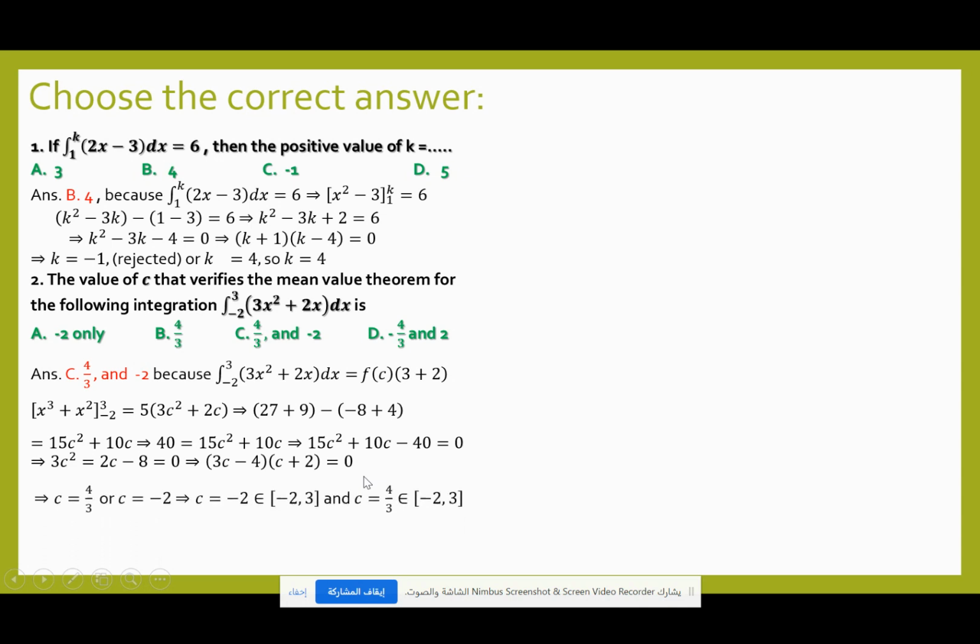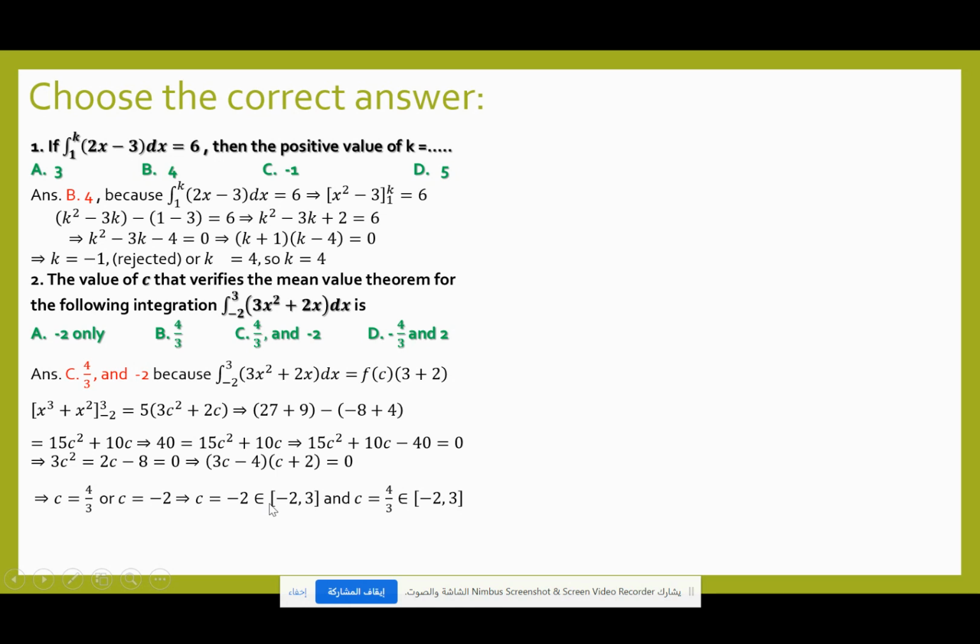Either c equals 4 over 3, or c equals negative 2. Let us see which one we're going to accept and which one we're going to reject according to the given interval. My interval is from negative 2 to 3. So negative 2 is accepted now. Not like in differentiation. In differentiation, we can't accept it at the ends. But here in integration, we will accept it.